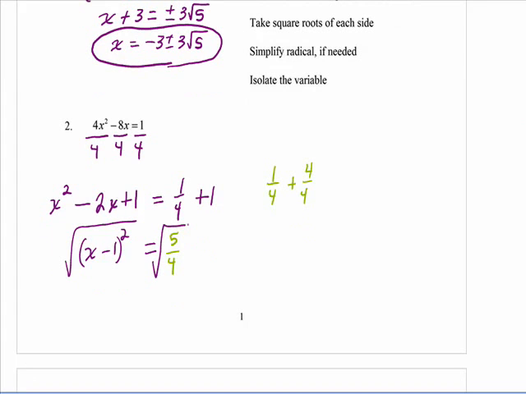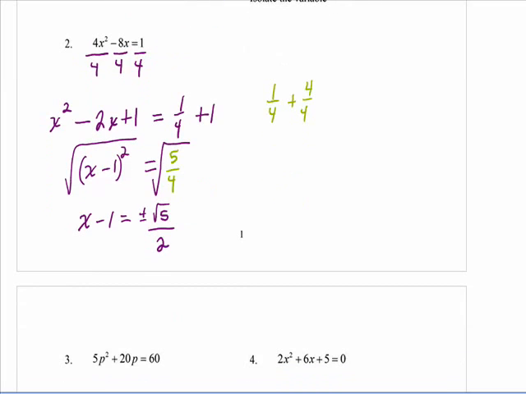You're correct. We get x minus 1 is plus or minus root 5 over how much? 2, yes, because 4 has a square root. Now go ahead and add 1 to each side. So we're going to get x equals 1 plus or minus root 5 over 2. Now you guys, who can take this a step further?